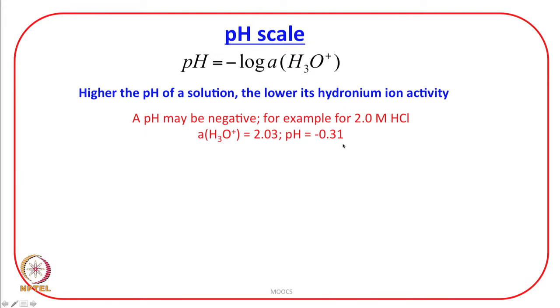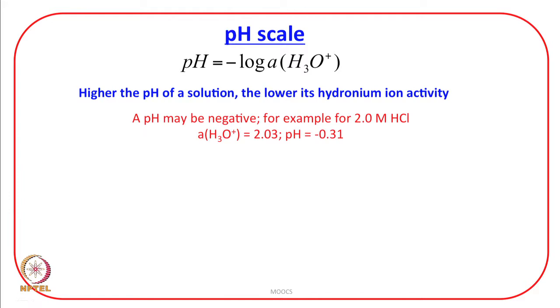That is what I said earlier: if the concentration or the activity of hydronium ion is very high, the pH is going to be very low and vice versa.